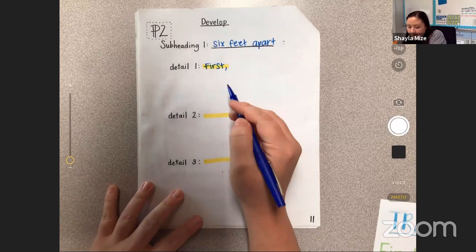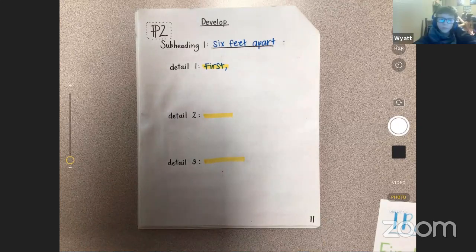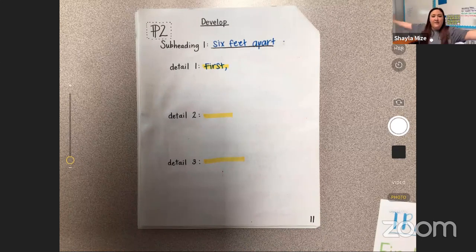So first, how you could stay 6 feet apart from a friend. I would say you could hold out your arms and kind of do like a circle, and that could show that you're 6 feet apart from friends.